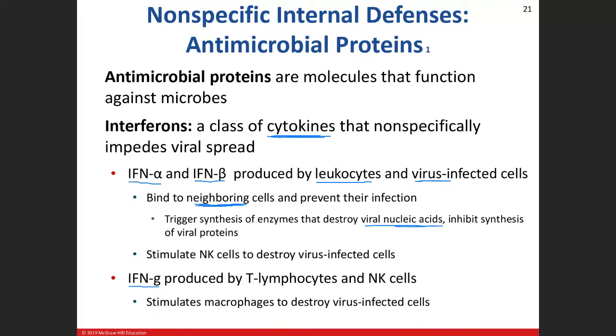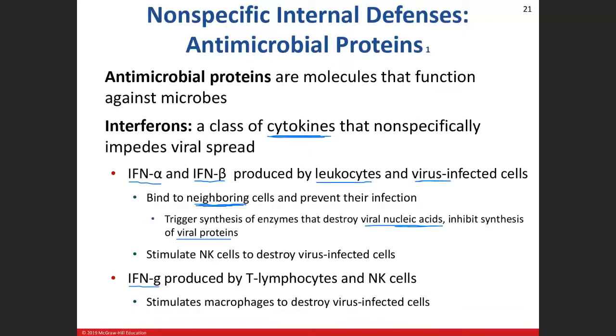It will get that cell to make more proteins, more nucleic acids, so it can make more virions. At the same time, it's going to prevent the synthesis of viral proteins. So it's shutting down the factory before it ever gets set up. Therefore, that neighboring cell that has the alpha and beta interferons is safe, somewhat. Now it's not always 100%.